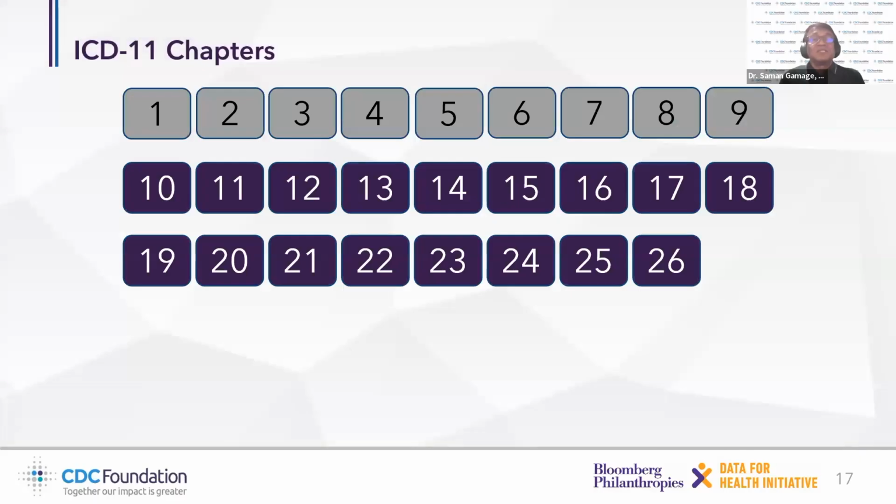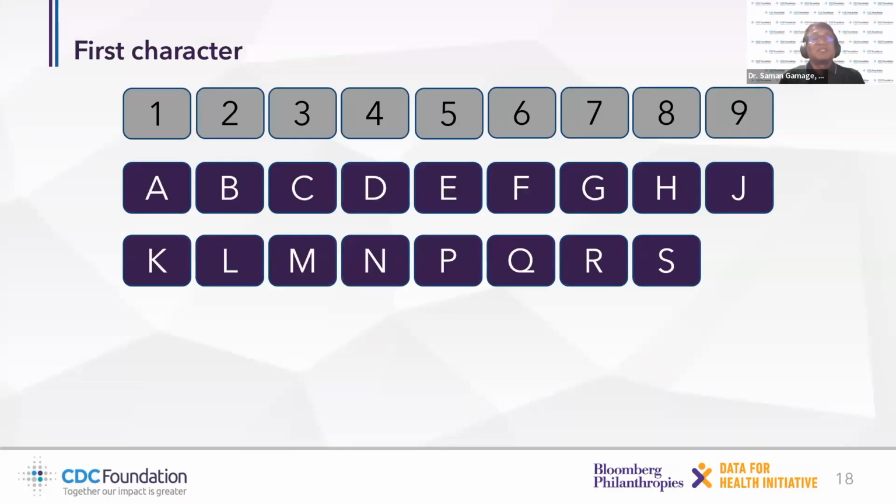Now here are the chapters. There are 26 chapters. For the first 9 chapters, the first character of the codes is the chapter number. But for chapters 10 to 26, the first character is an English letter except I and O. Letter A to letter S, two exceptions, I and O. Letter X is the first character in extension codes.